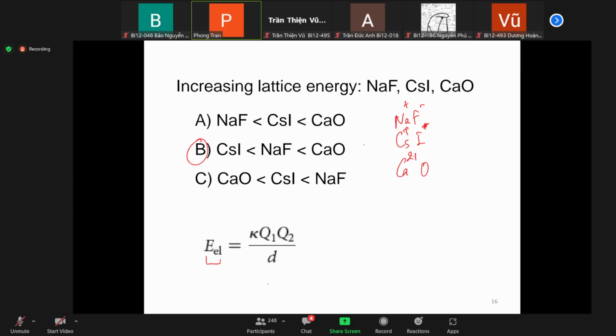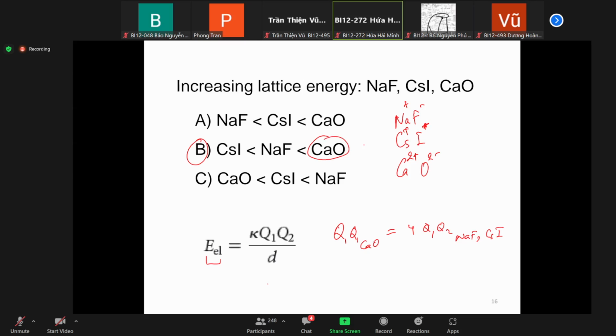Oxygen, two negative. So for Q1 Q2, you can see that Q1 Q2 for calcium oxide is 4 times Q1 Q2 for sodium fluoride and cesium iodide. So you can see very well that calcium oxide will have the highest lattice energy.